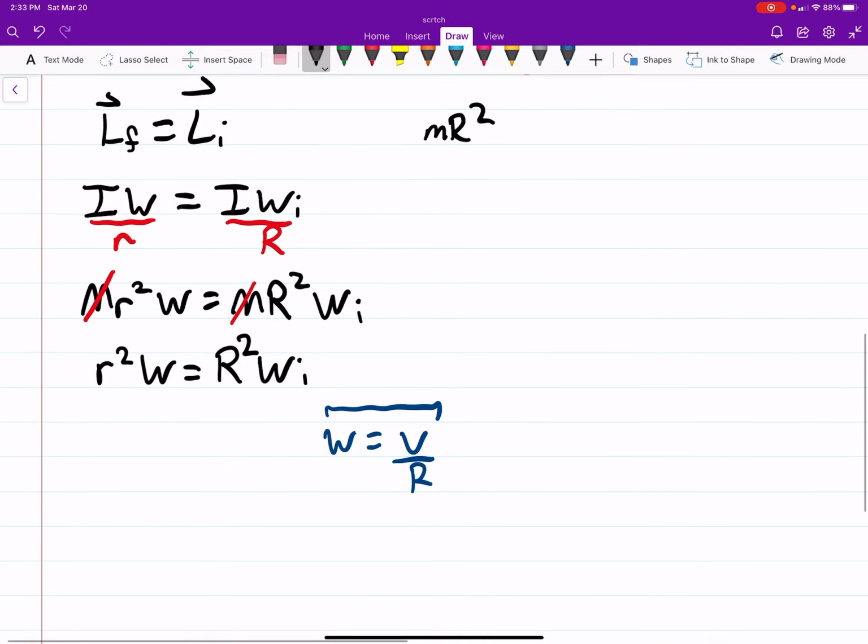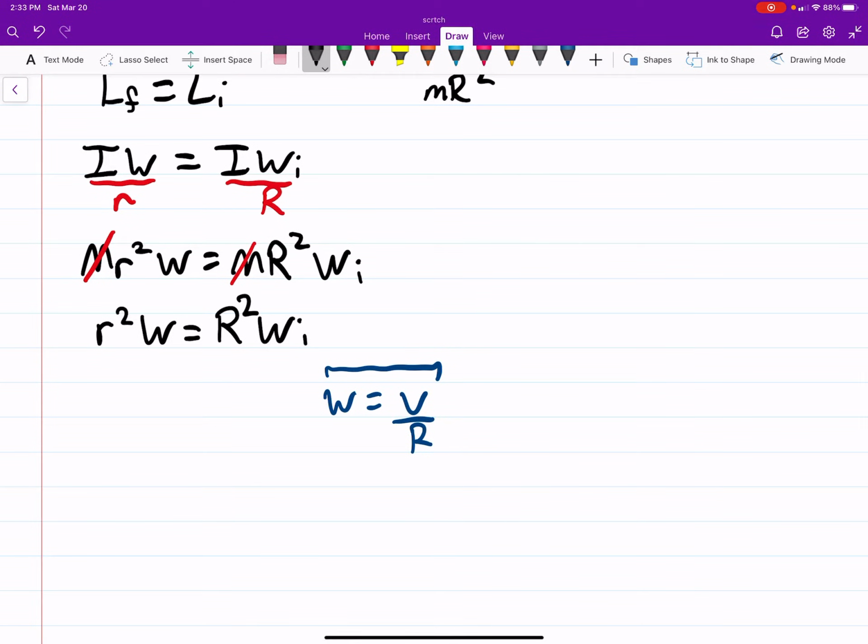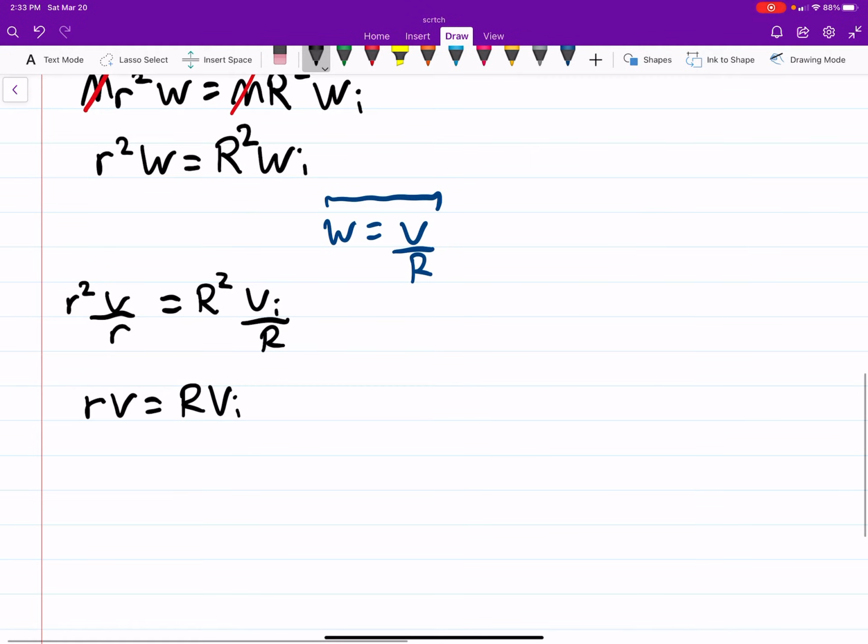So basically each term will drop because you'll have r squared v over r equal to big R squared v initial over big R. So you end up just getting little r v is equal to big R v initial. Or we can say that v initial is equal to little r v over big R, just solving for our initial velocity.